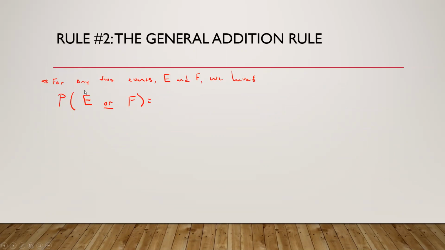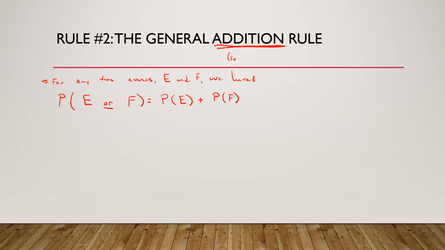So whenever you have two events, if I'm asking you the probability of E or F happening, here's the thing. Whenever you see an or statement, you're always going to think this mathematical operator, addition. So you're going to take the probability of the first event and you're going to add to it the probability of the second event. Now, here's the thing. It's always addition.